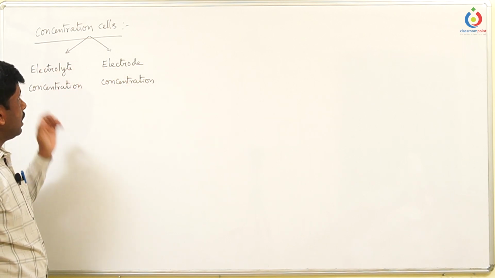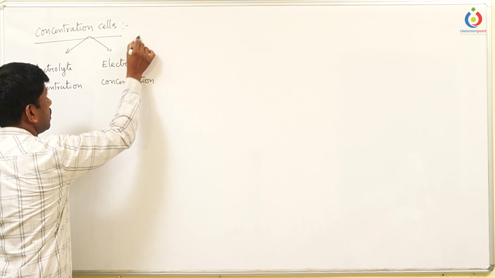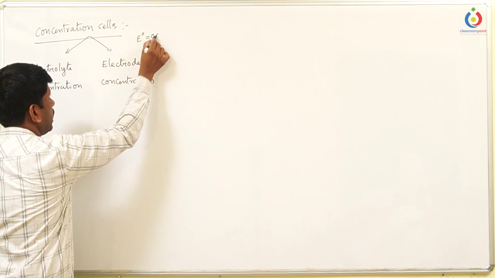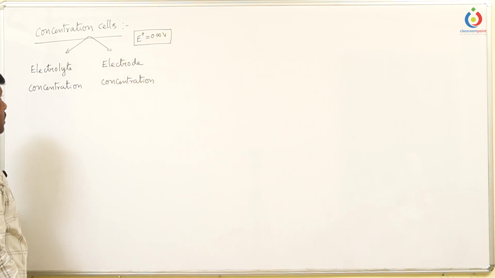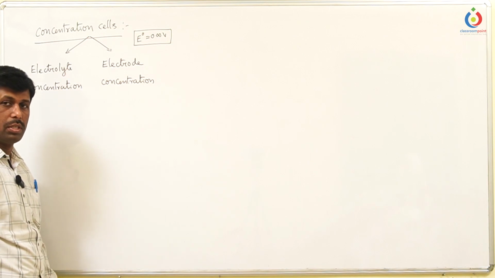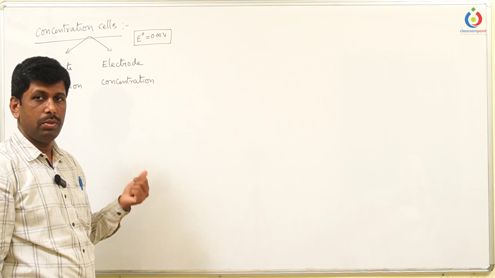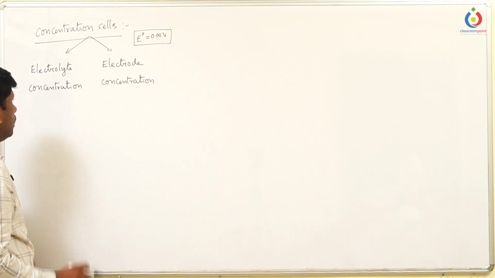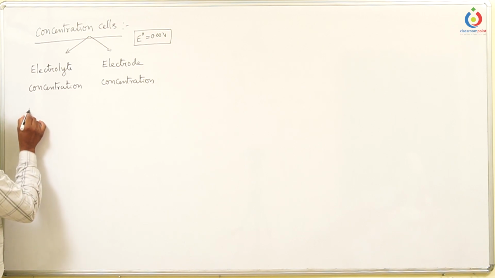But whatever the case, for all types of concentration cells, the E0 value is taken as 0.00 volts. The reason is, as long as the electrode doesn't change, the E0 value also does not change. That's why for all concentration cells, we take E0 equal to 0.00 volts. So now let us discuss the electrolyte concentration cells.